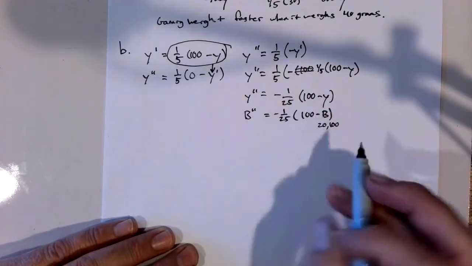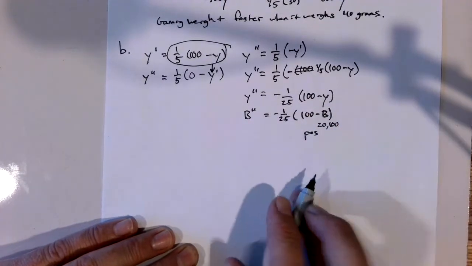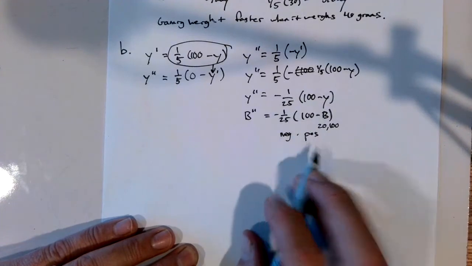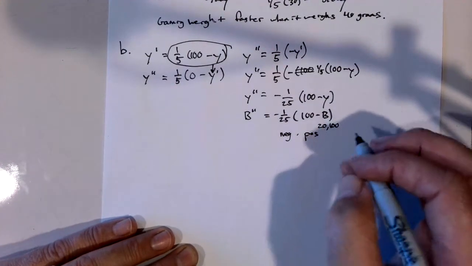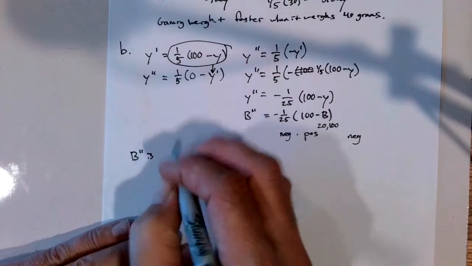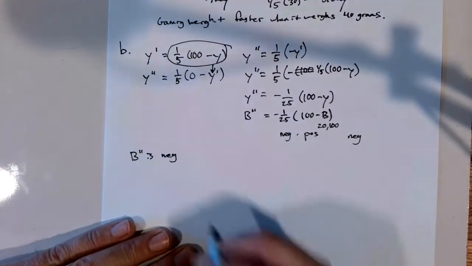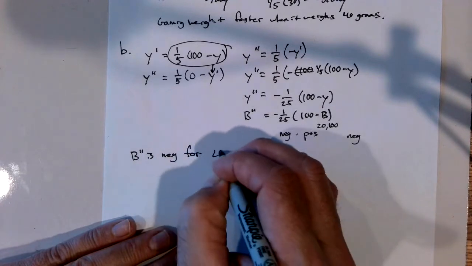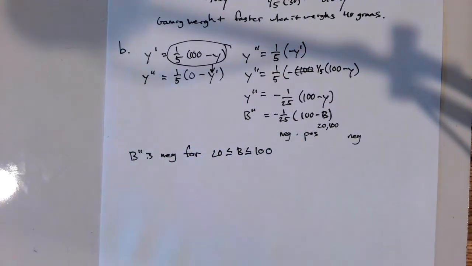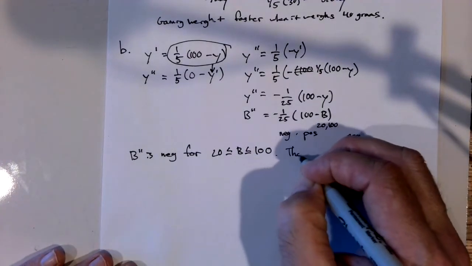Would you agree that this is always positive and that this is negative? So you're going to get negative times a positive, which is negative. So B double prime is negative for B between 20 and 100.